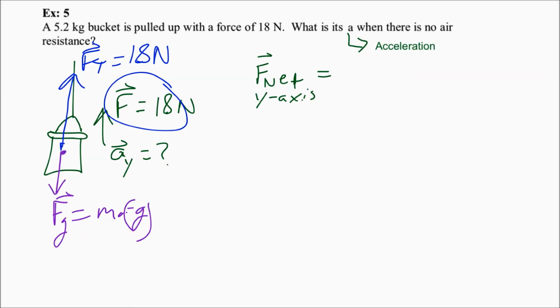Alright, the first one is Newton's second law: mass times the acceleration in the y-axis, and then F-net in the y-axis is also equal to the sum of all of the forces in the y-axis. So we've got a tension force that's pointing up here, and we've got a force of gravity that's pointing down.